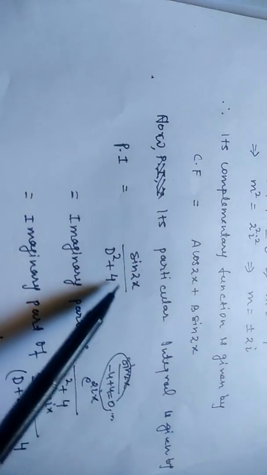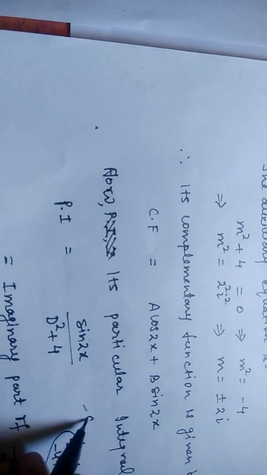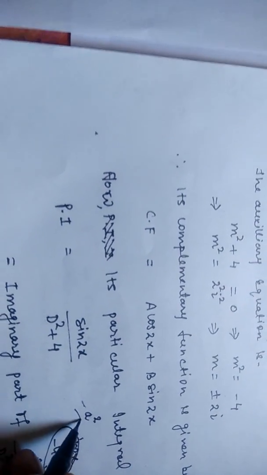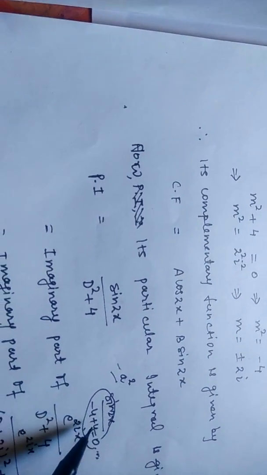As we have discussed earlier, if there is a trigonometric function, then d square can be replaced by minus a square, but we cannot use this property here, because while putting this value, sin 2x divided by d square equals minus 4 plus 4, which equals 0.